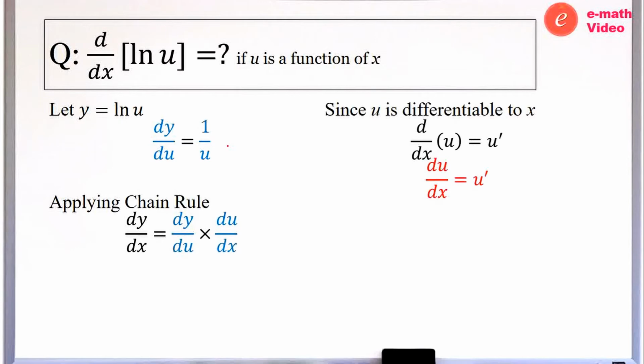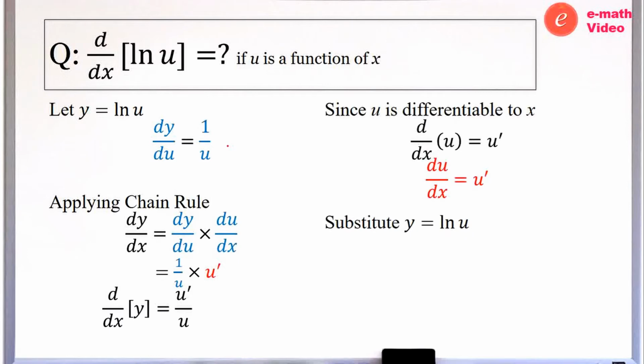You see the blue color is actually 1 over u, and the red color is actually u prime. Now we have the derivative of y equals to u prime over u. We now substitute back y equal to ln u. d/dx of ln u will be equal to u prime over u. And this is what we want.